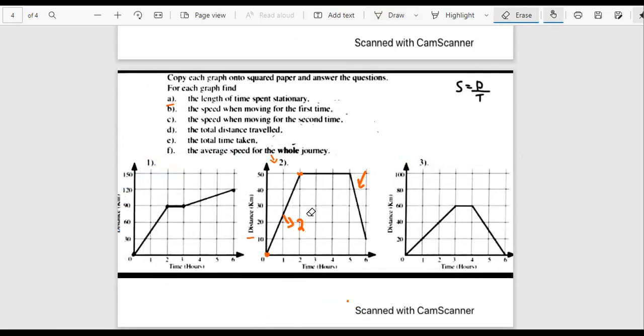And then the fourth part is the total distance traveled. So can you calculate total distance traveled? So it is going to be all this distance. 50. Is it just adding it up, or do you do 50, is it 90?